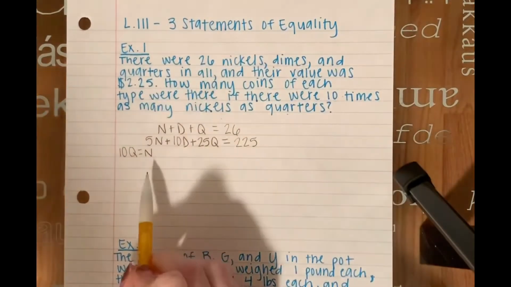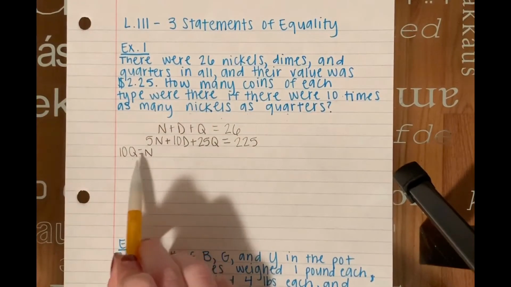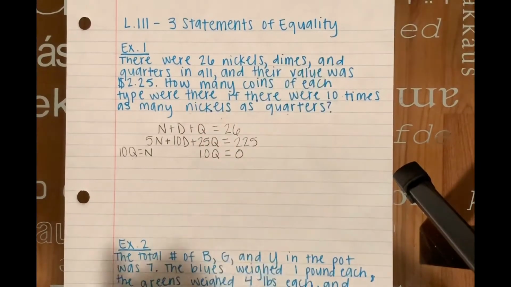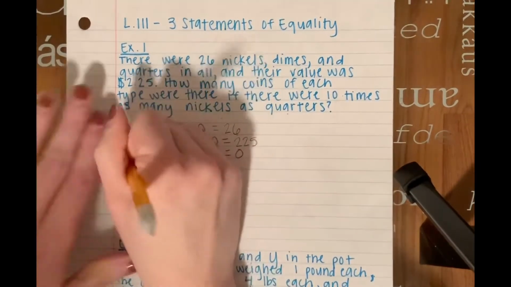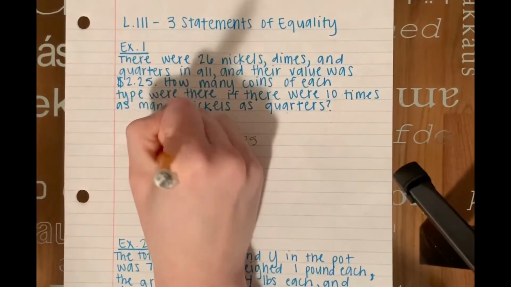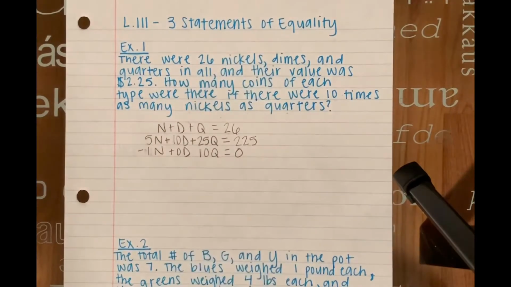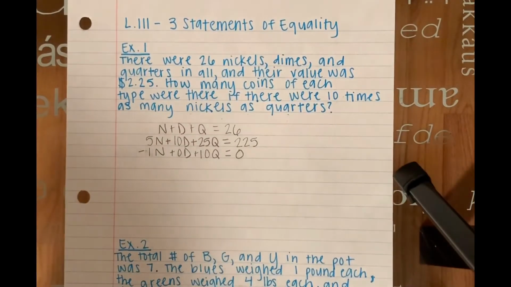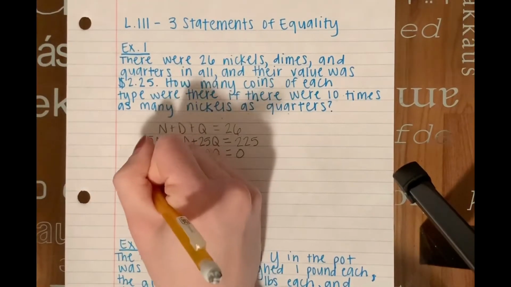I write it like that so that we can move things around. If I want to keep 10Q on this side of the equal sign and have a number over here, I would subtract the n over and get negative 1n. And then we have no dimes in that equation, plus 10 quarters equals 0. And then we can set up our matrix.